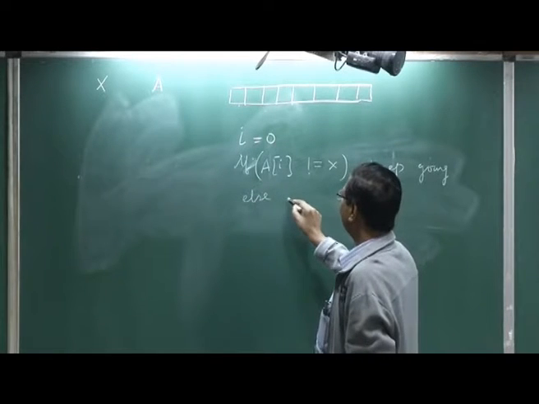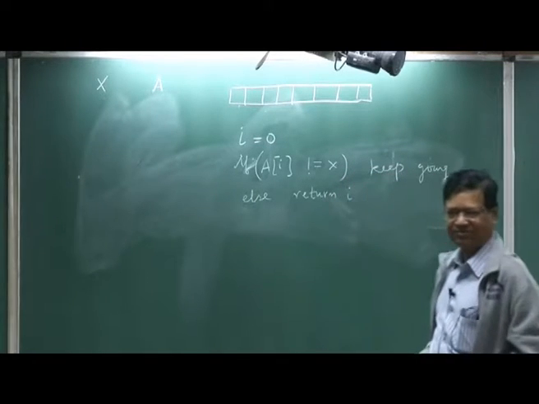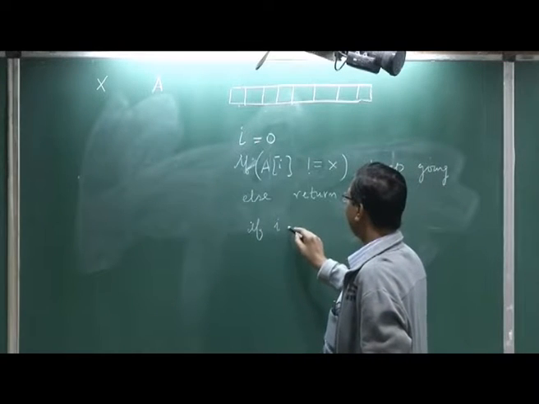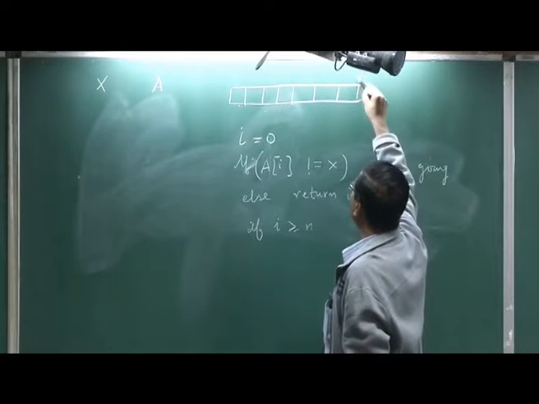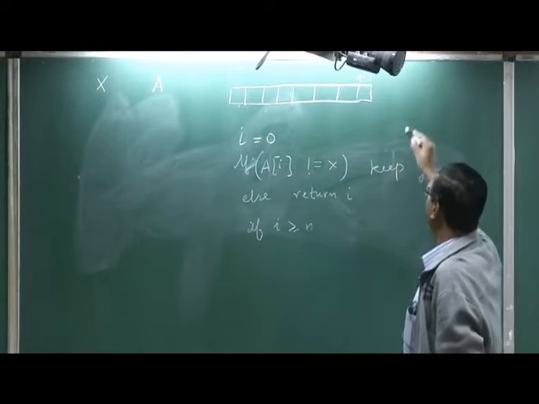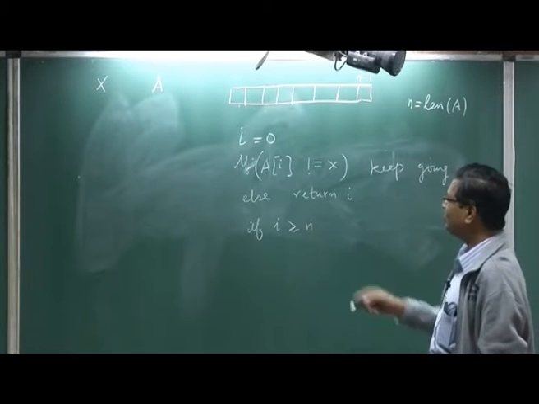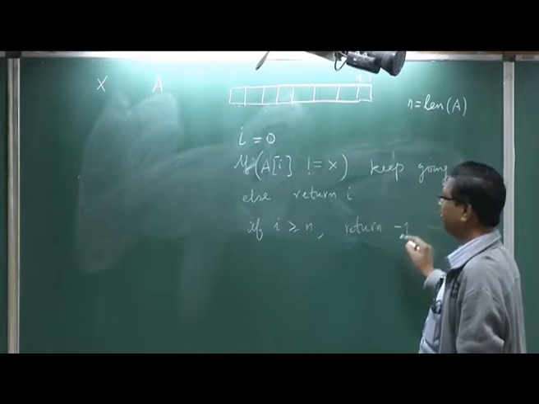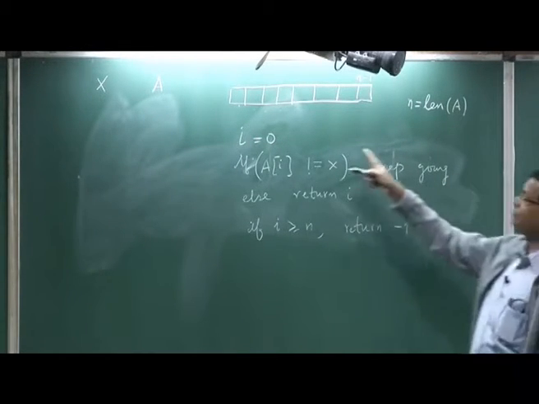Else, return i. You can just scribble, and only then will you start getting the idea. And if i is greater than or equal to n, where n-1 is the last index and n is the size, so I can say n equals the length of A, then if i is greater than or equal to n, return -1. Okay, so this is the logic. Now after this I start thinking, okay, now let me write the code. So this if, keep going, I should put as a loop.